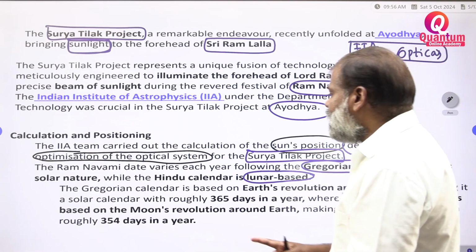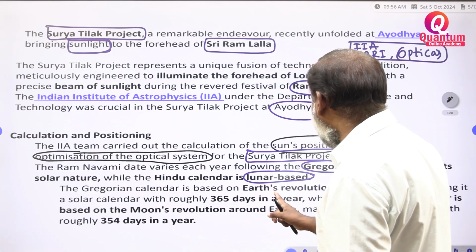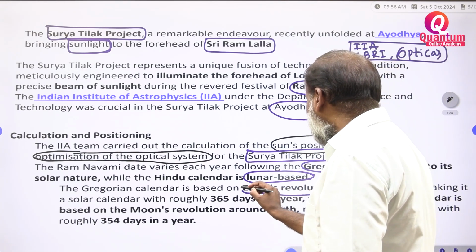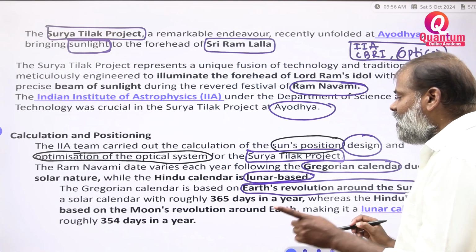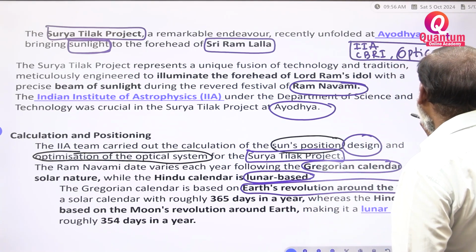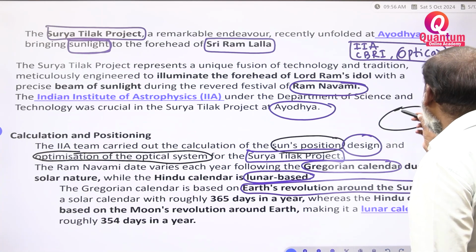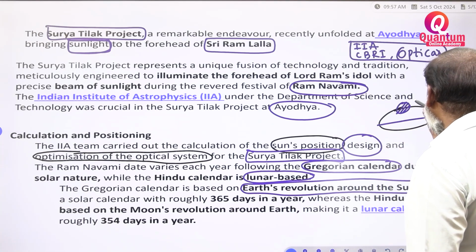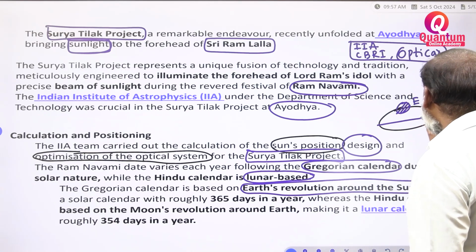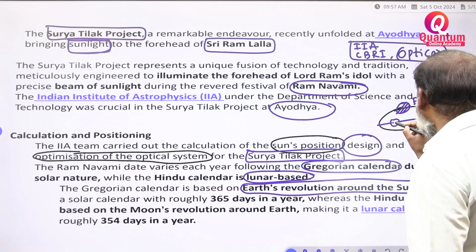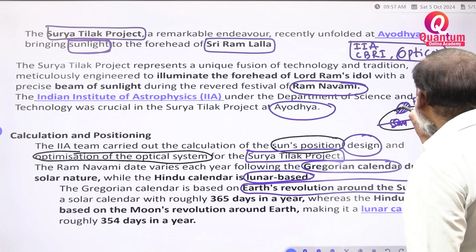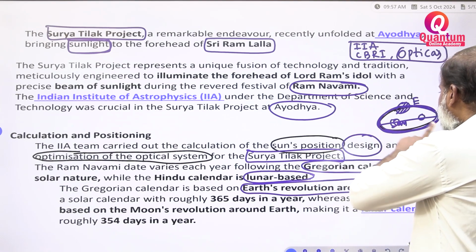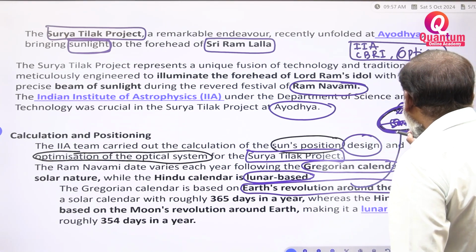The Gregorian calendar is based on the earth's revolution around the sun. Consider the elliptical orbit: the sun is at one focus and the earth is in this place. The earth revolves around the sun, and based on this the Gregorian calendar is kept.